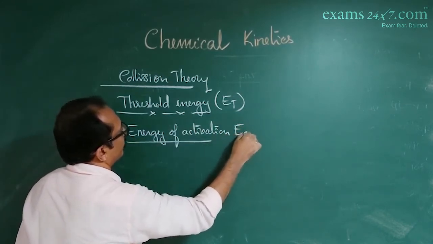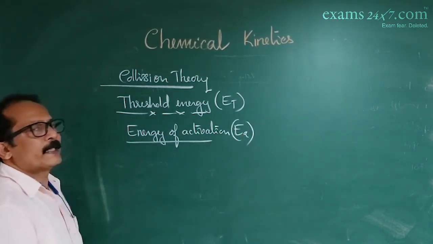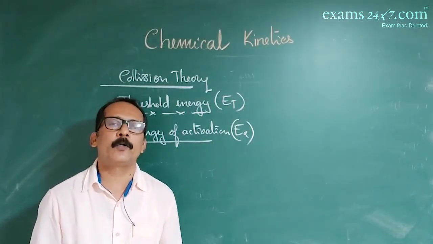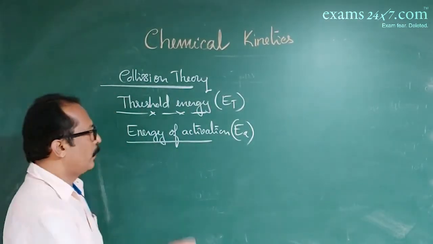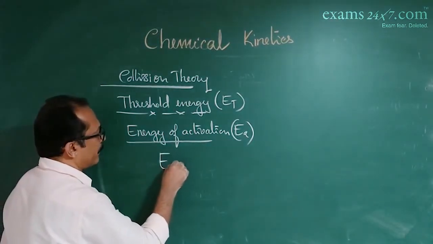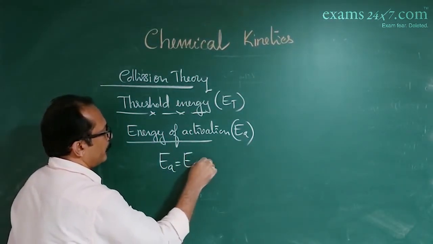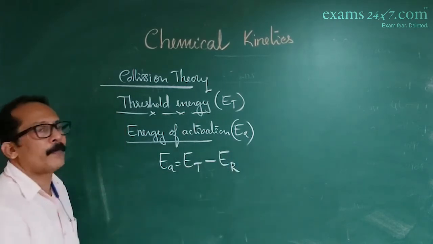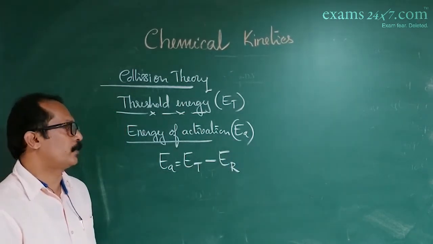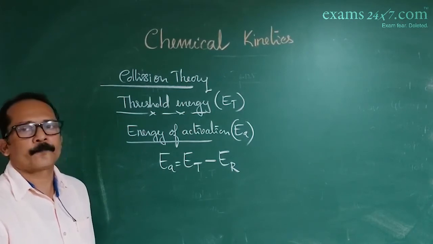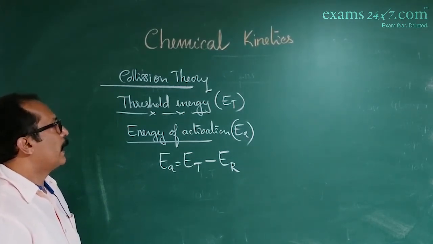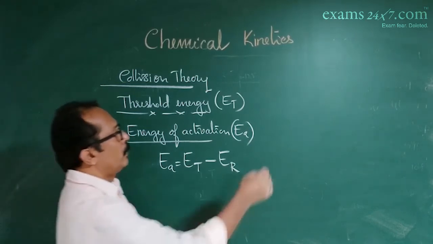EA is the minimum amount of excess energy possessed by the reactant to form product upon collision. Or energy of activation can be calculated using threshold energy and energy of the normal reactant molecules. So this is about the terms threshold energy and activation energy.